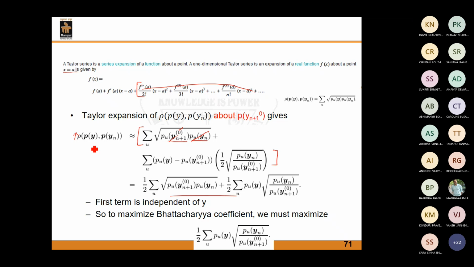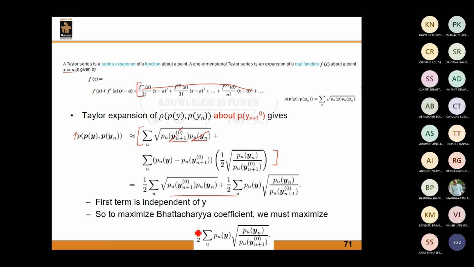When you're trying to maximize the coefficient, if you have constant terms which do not change with different values of y, because we are trying to find the location y corresponding to which you want the maximum value, then these two do not change. That means the first term need not be considered, and only the second term would contribute to maximizing the coefficient.